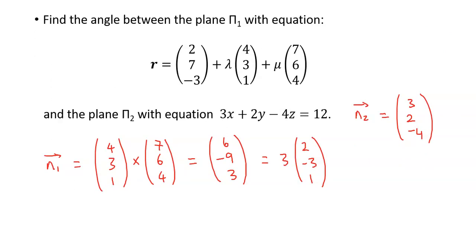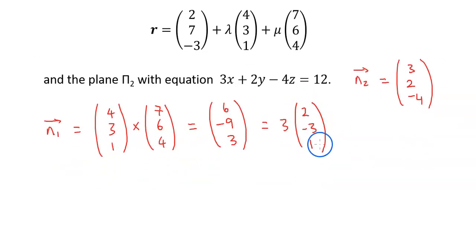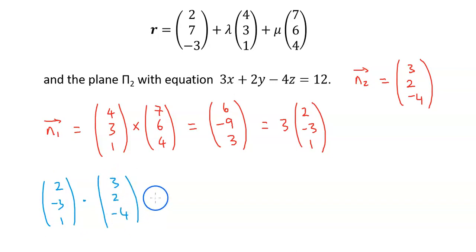So all we got to do now is find the angle between this vector here, 2, negative 3, 1, and 3, 2, negative 4. We can do that by taking the dot product. 2, negative 3, 1, dotted with 3, 2, negative 4 is equal to 2 times 3 is 6, minus 3 times 2, so that would be 0, and then minus 4.